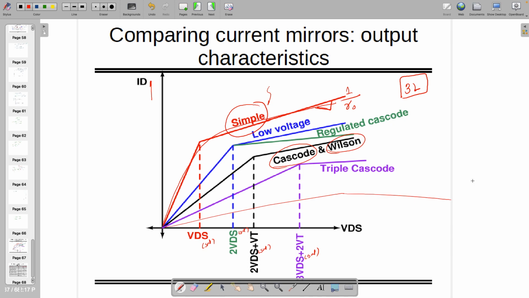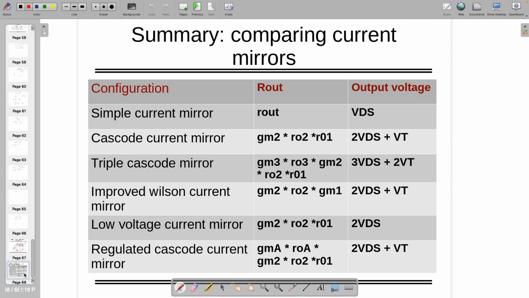So these are the different things. We also studied regulated cascode, where you are keeping an amplifier in feedback, right? That is going to give you a better value of resistance. Sometimes you can use low voltage also, where you have 2 VDS, sometimes 2 VDS plus, and so on and so forth. You should not go beyond VDD. Anything there, you should not go beyond that. That is what these things summarize, right?